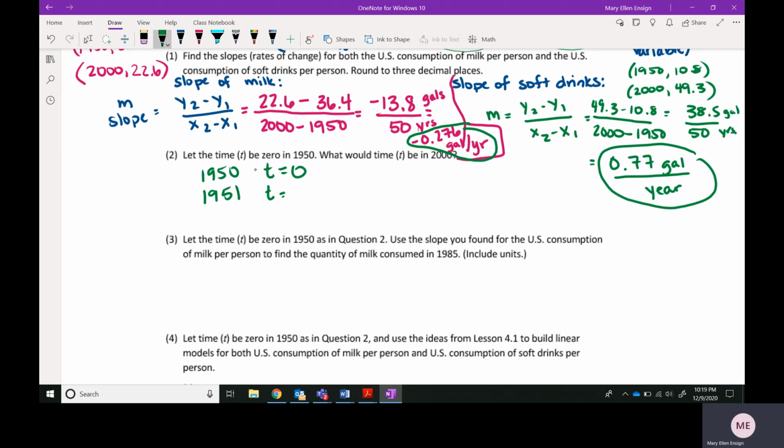If this is 0 and I'm counting by year, I'm going to call this 1, and I'm going to call 1952 2. And for 1960, if I'm working my way up, that would be 10 years. So what would t be in 2000? Think about how many years between 1950 and 2000, and t is going to equal 50.